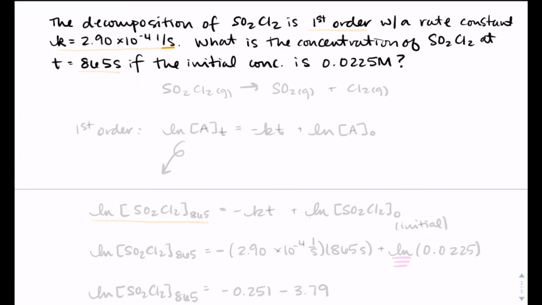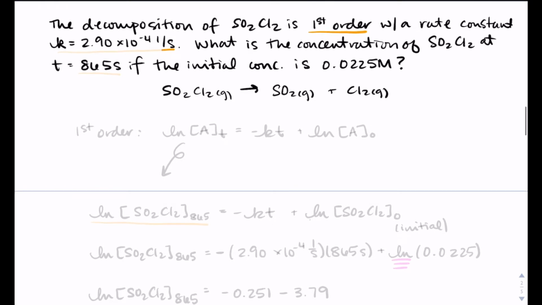So we have to know the order so that we choose the equation that has the correct concentration dependence in order to find out the concentration at a later time. The integrated rate law is the relationship between how much is left, depending on how much you started with, given the constraints of the law that controls the rate of this reaction.